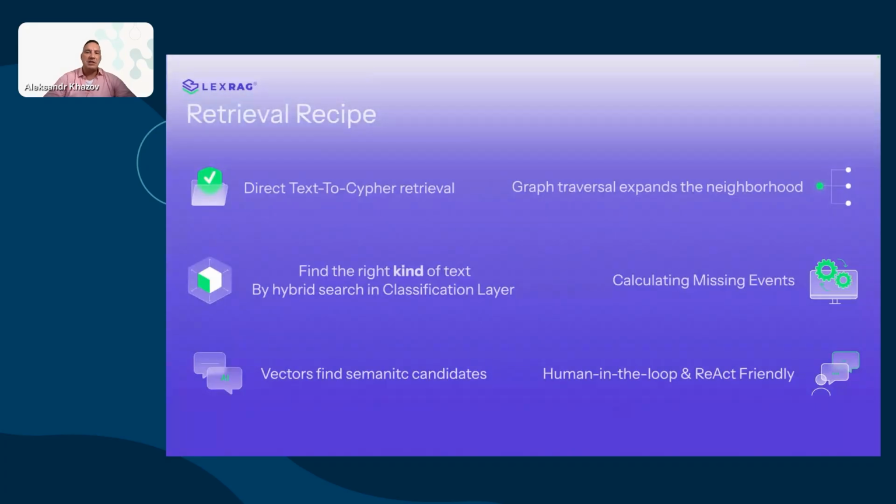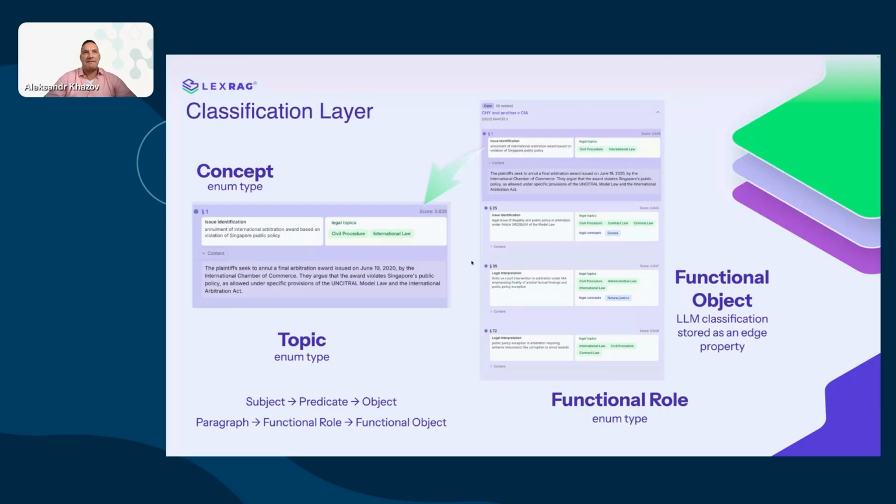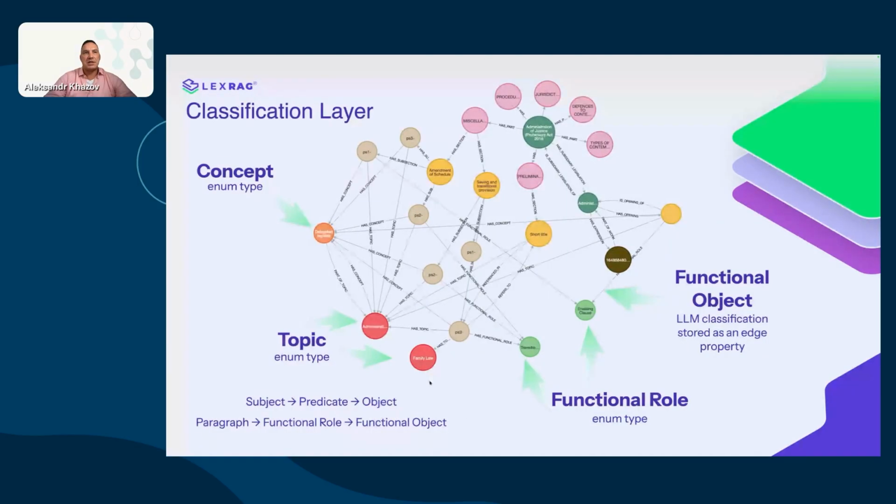For example, if you need to extract all the arguments of parties in case law related to drug trafficking, you may extract these applying those filters pretty easily, as Cipher queries allow us to do that, because, as I said, we have those concepts, have these topics and functional roles connected to every paragraph they may be relevant to.